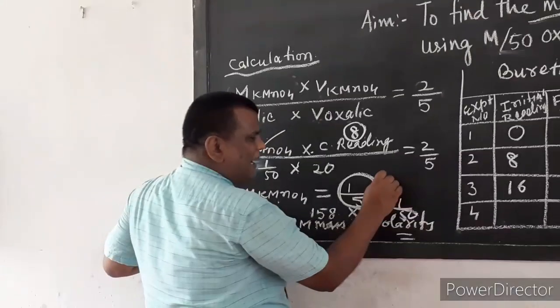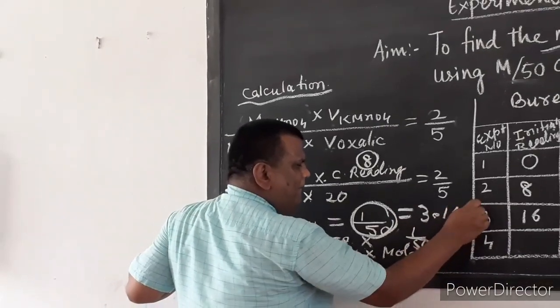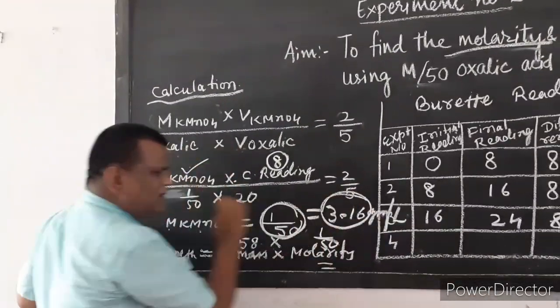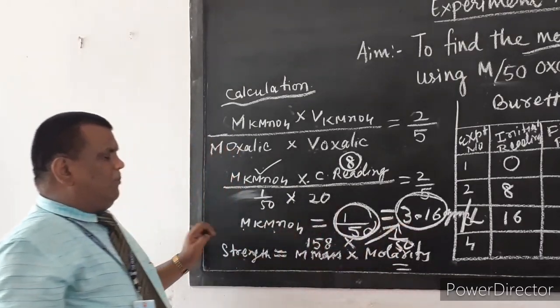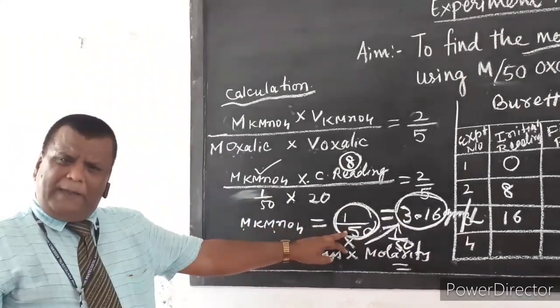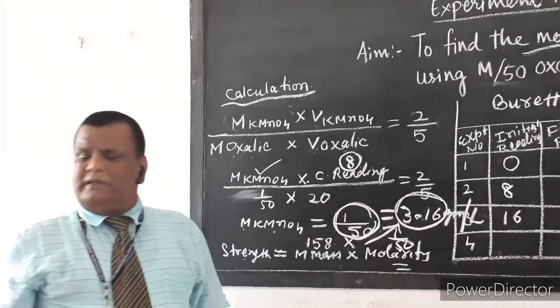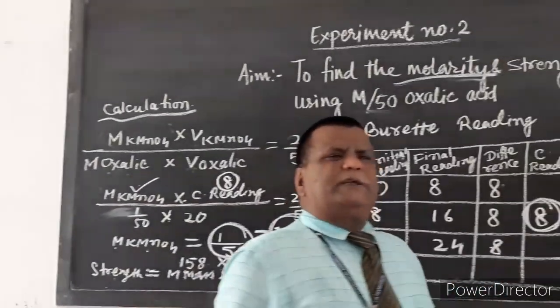So that will come, I am writing here, 3.16 gram per liter. This is the strength. So molarity is 1 by 50 M and the strength is 3.16 gram per liter. That is the end of this experiment.